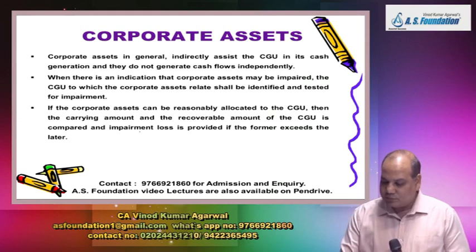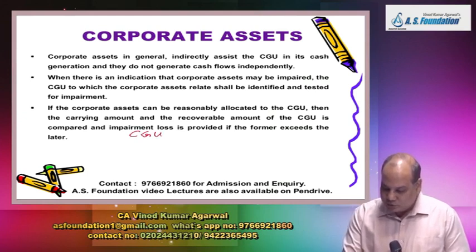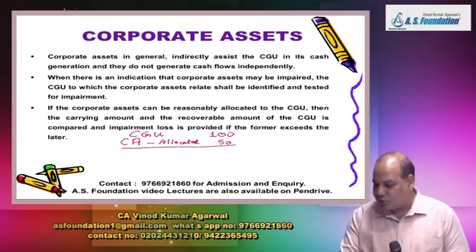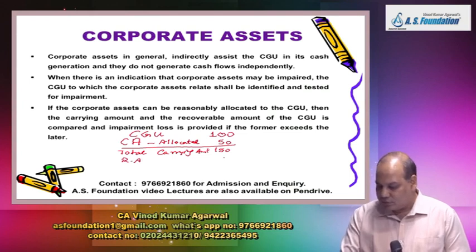So how will you do it? See, there is a CGU with carrying amount 100. There is a corporate asset allocated to this CGU on a reasonable basis, 50. So in case you allocate, I will first calculate total carrying amount, 150, and then recoverable amount. Suppose recoverable amount is 120.